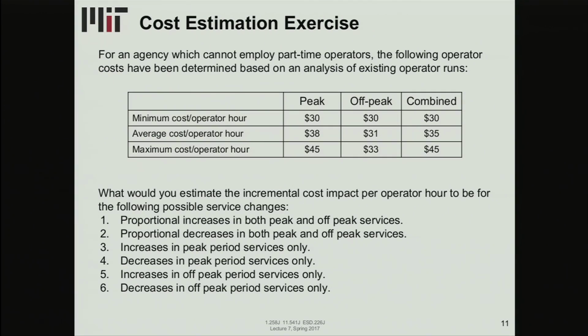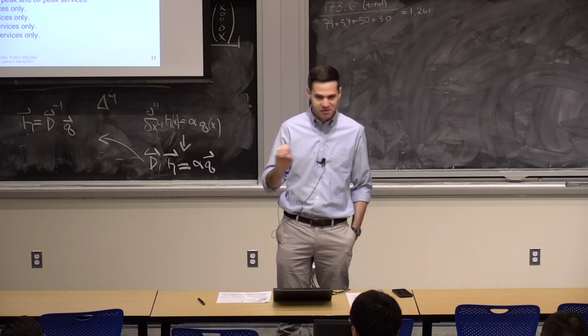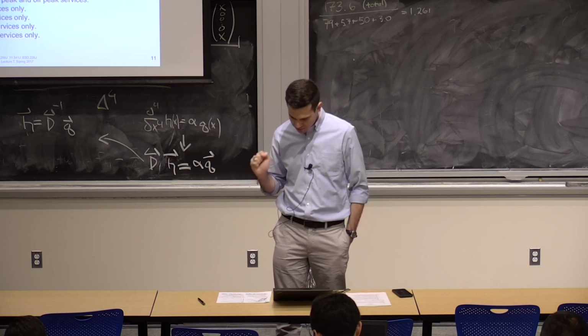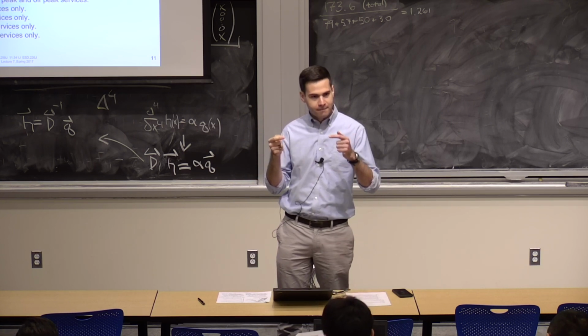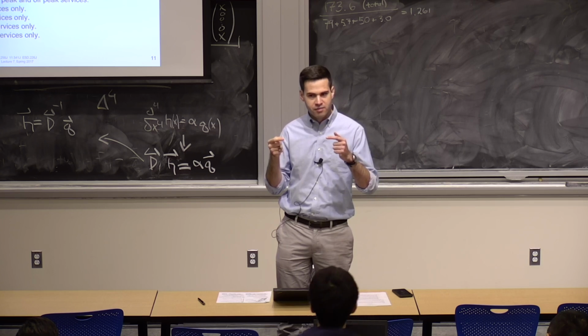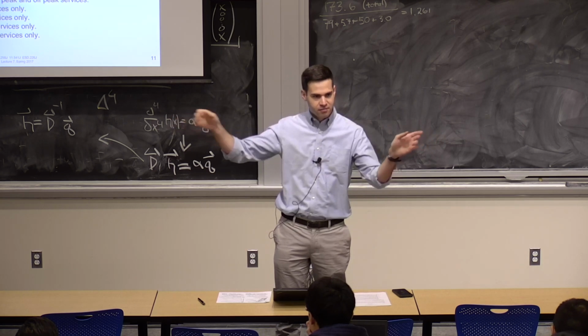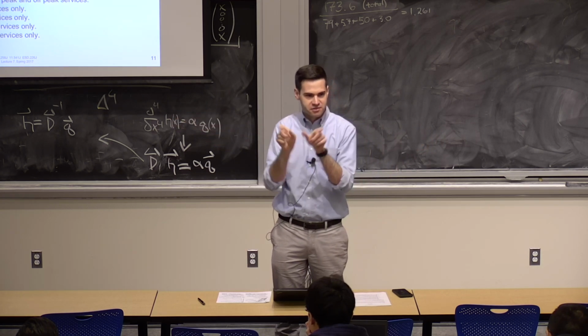Okay? But can you explain? Again, this depends on the specific costs for the labor agreement and the spread penalties and everything, but it gives you an idea. So if you only decrease off-peak service, you're getting rid of those, then you have to remove a few of the straight runs and not pay them the full day, but you then have to convert some of the existing straight runs to spread runs.